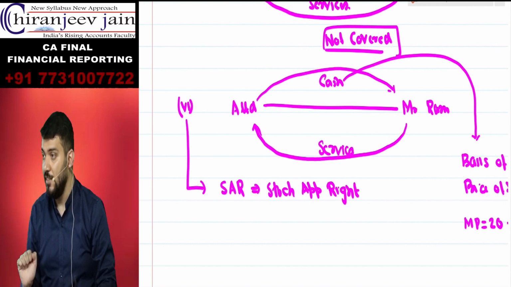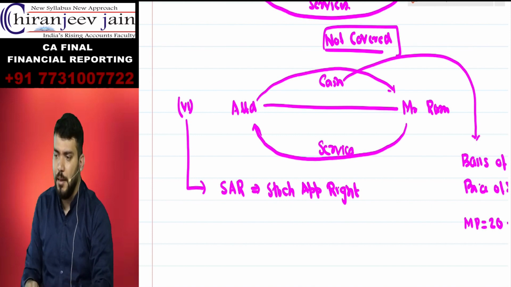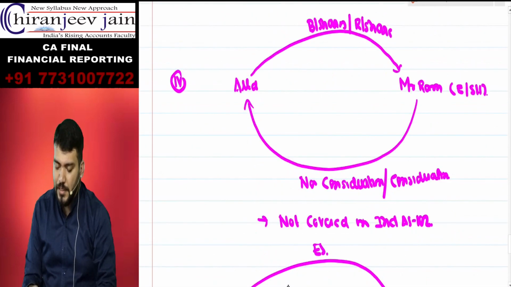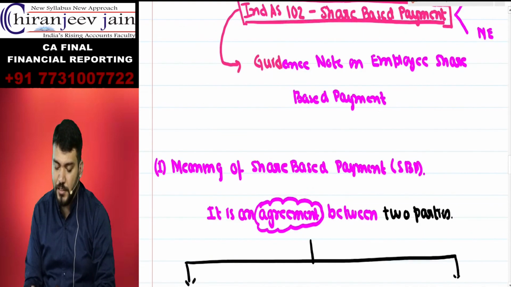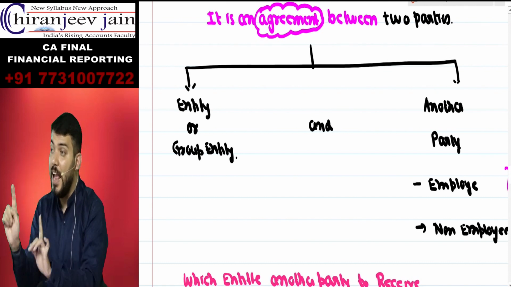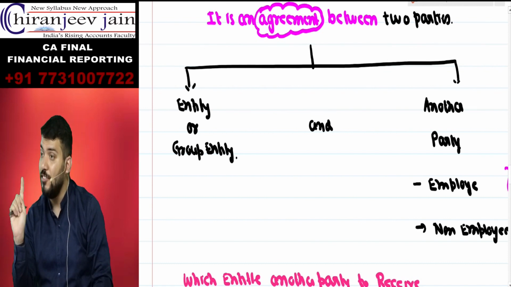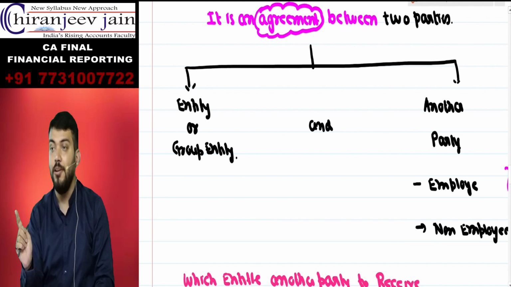That we need to understand. I think I have given a lot of examples. Once again I am coming to the definition. It is an agreement between two parties, entity and employee or non-employee. But the employee is not acting like a shareholder.